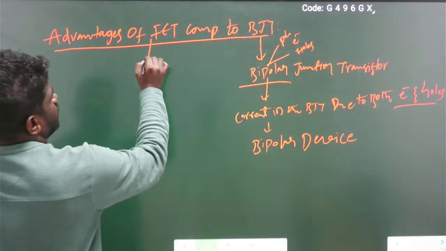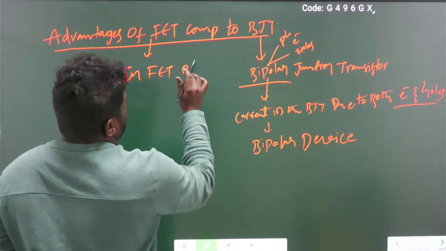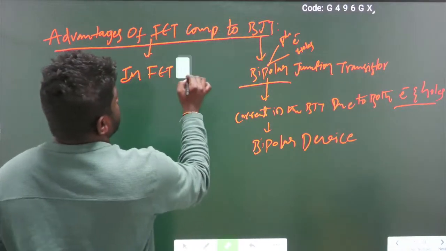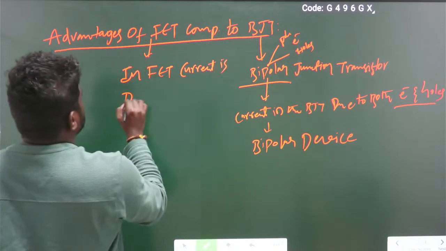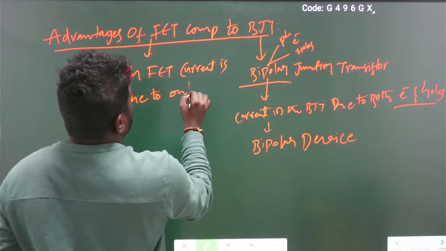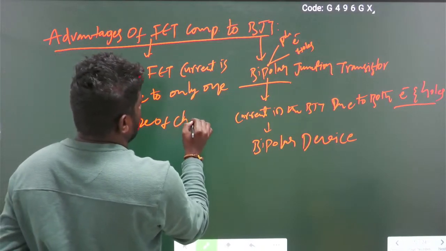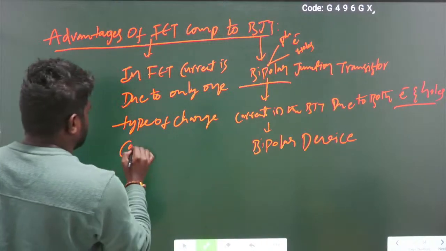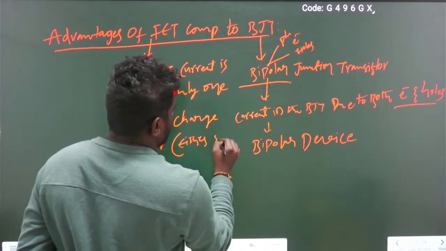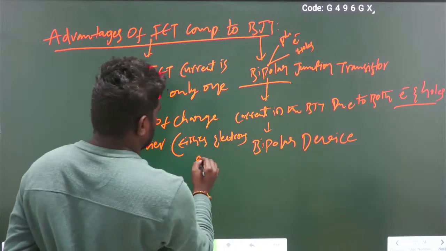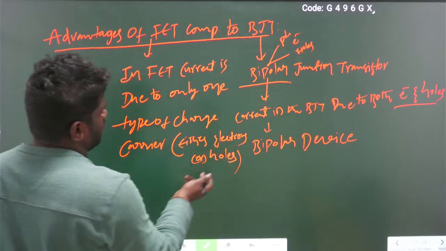Now see FET. In FET, current is due to only one type of charge carrier, either electrons or holes.